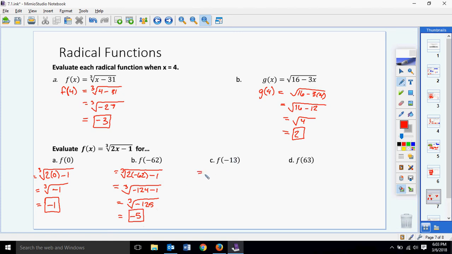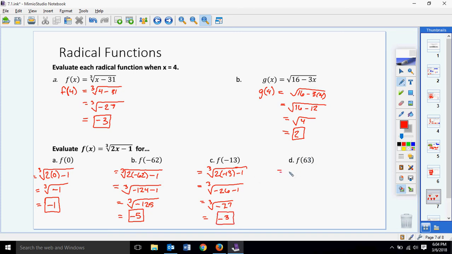Over here, negative 13, so same idea. You get the cube root of negative 27, which equals negative 3.